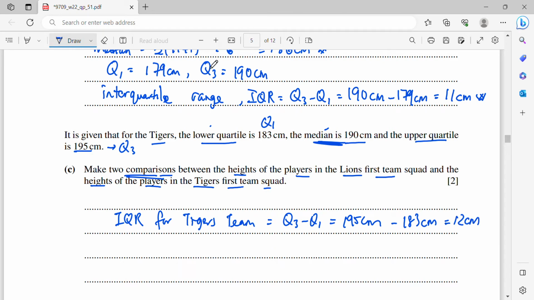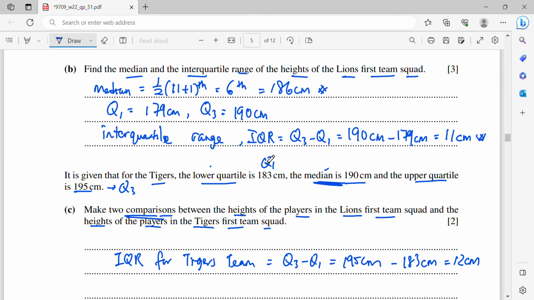Alright, so now I will comment on the interquartile range first. For the Lions team, the interquartile range is slightly smaller than the Tigers team.